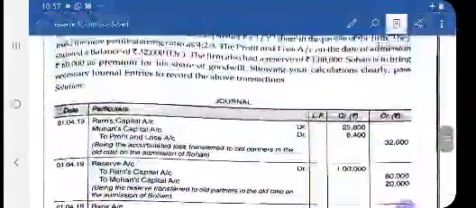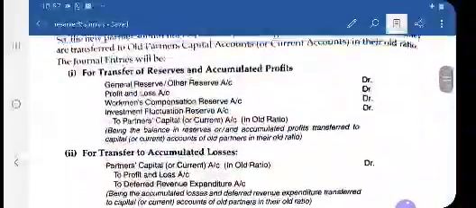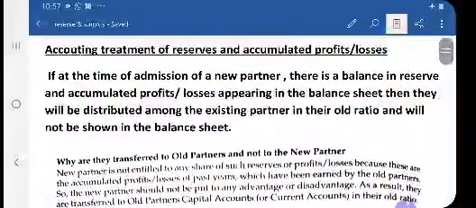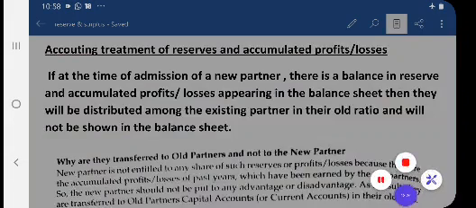So this is what we have discussed relating to the accounting treatment of reserves and accumulated profits or losses. In your NCERT book, a few questions are given based on this topic. Of course, you have to show the journal entries only. So just complete your questions based on this topic. Thank you so much. Take care.